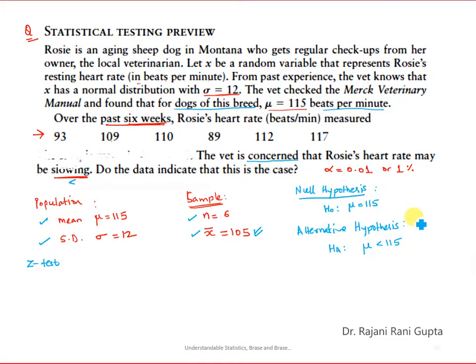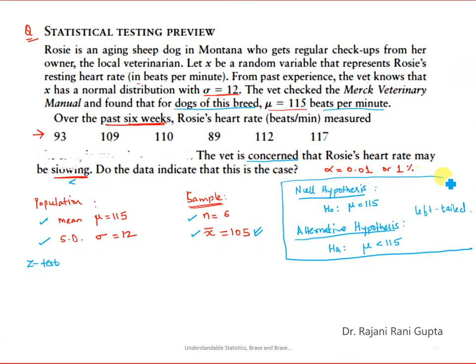So it is a left tailed test. It's very important to have the null hypothesis and alternative hypothesis, because only then can you make your decision.